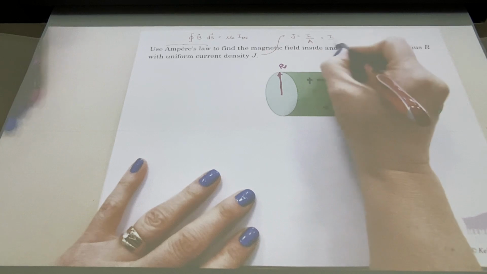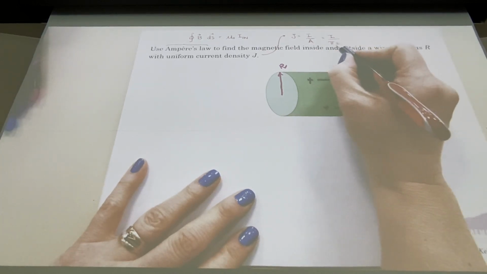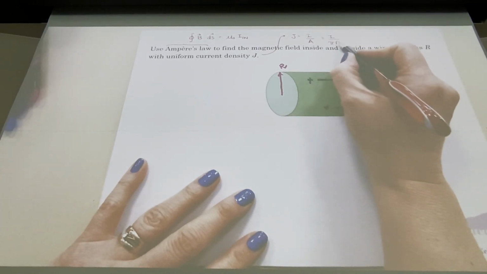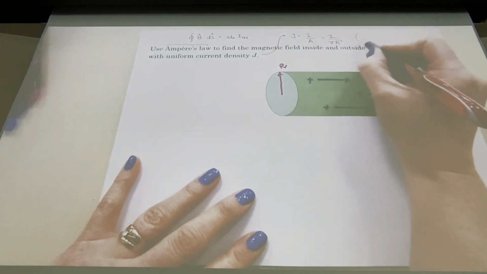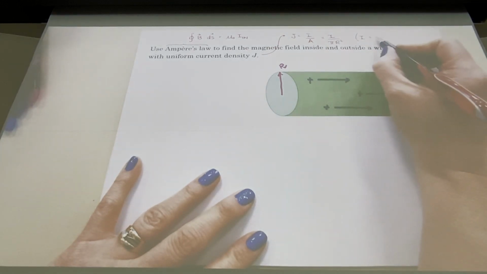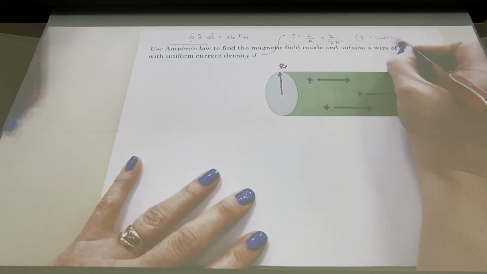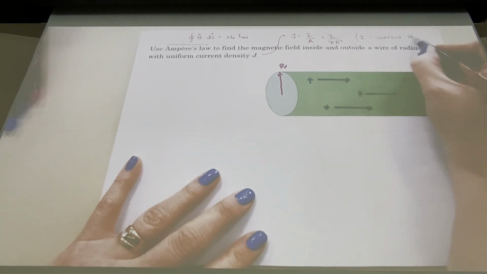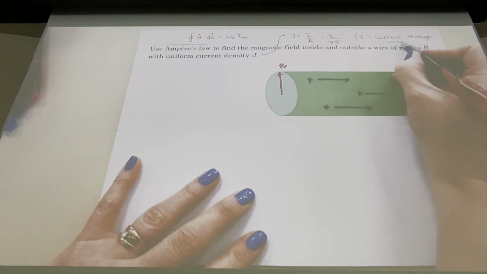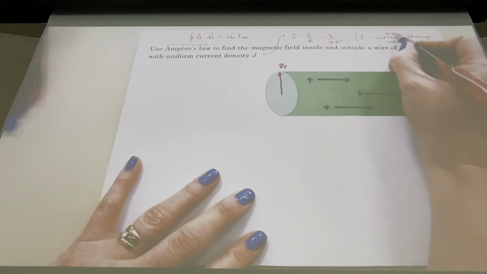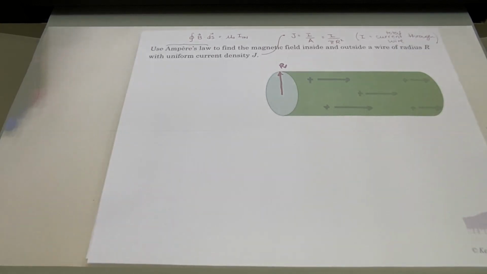So J equals I over pi r squared, where I equals the total current flowing through the wire. So there's our setup.